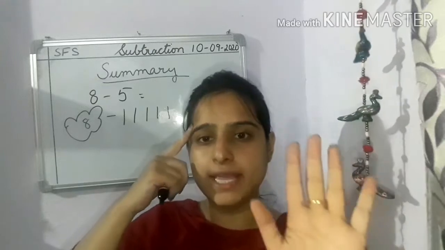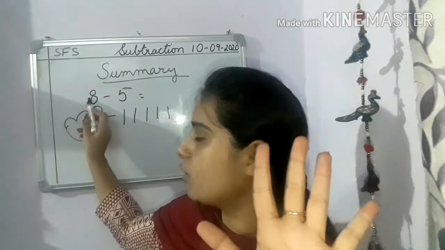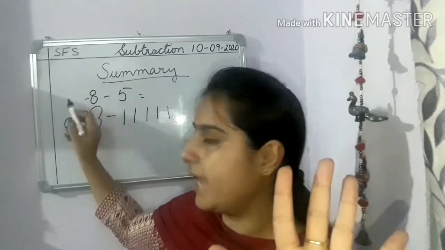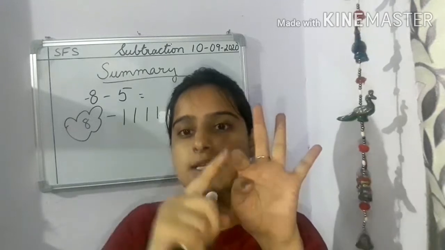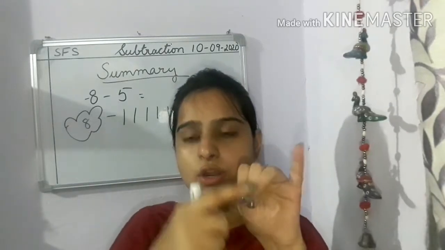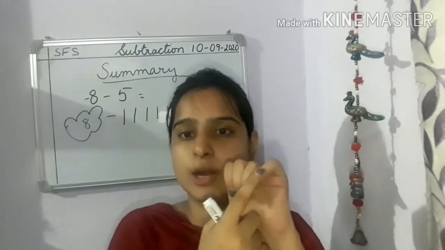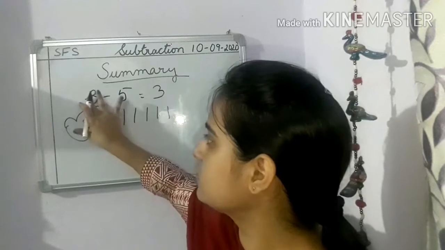Keep 8 in your mind. Open 5 fingers. Backward counting, children, we will count the numbers before 8. That is, before 8 what comes? 7, 6, 5, 4, 3. Where does it stop, children? 3. So the difference is 3.